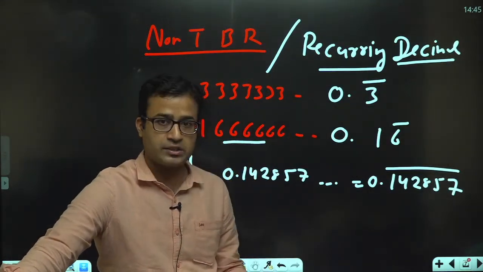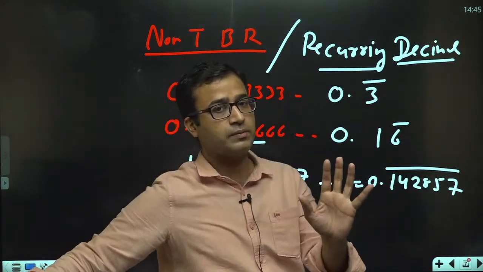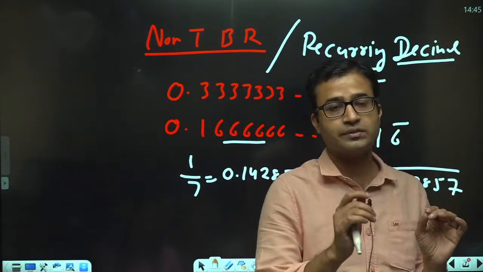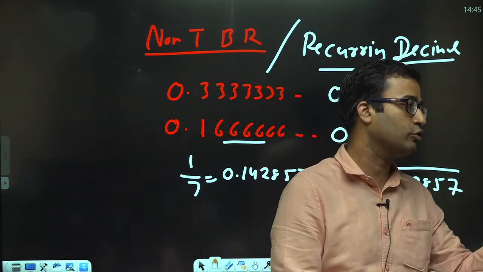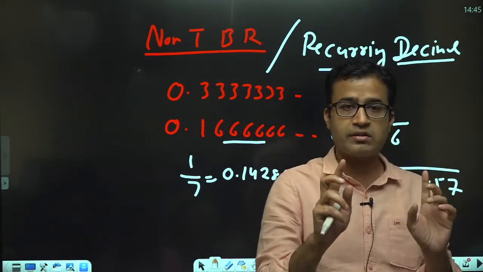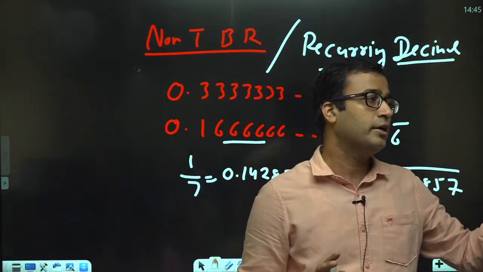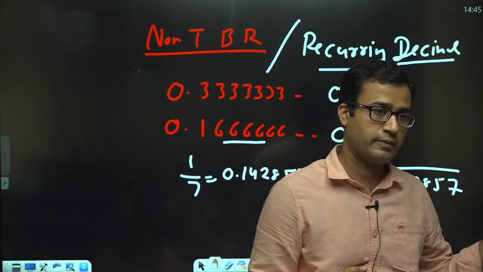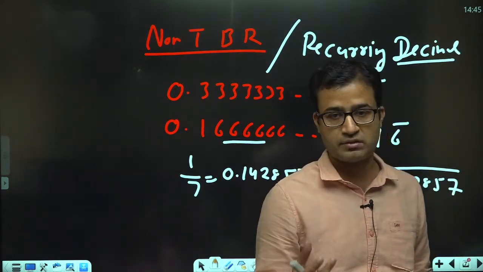If you visualize the thing, you can retain it. Make an image in your mind for rational numbers: integers plus fractions. -1, -2, -3, 0, 1, 2, 3 plus fractions 1/2, 1/3. So for rational numbers, two things will come to your mind, integers and fractions. For irrational numbers you make an image of √2, √3, pi, so that you can recall in the exam what is irrational and what is rational.